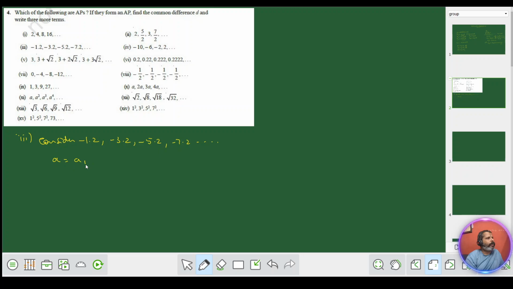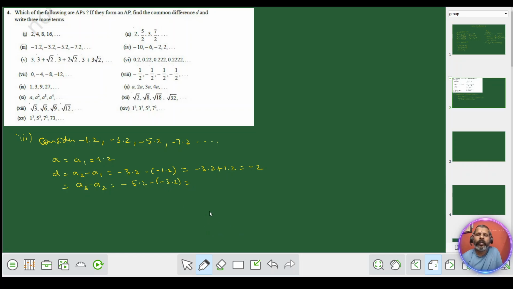A equal to A1 is equal to minus 1 by 2, D equal to A2 minus A1, minus 3 by 2 minus of minus 1 by 2, because minus 3 by 2 plus 1 by 2, that becomes minus 1. Similarly, we find A3 minus A2, that is minus 5 by 2 minus of minus 3 by 2.